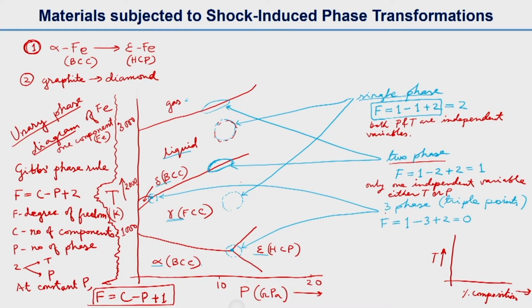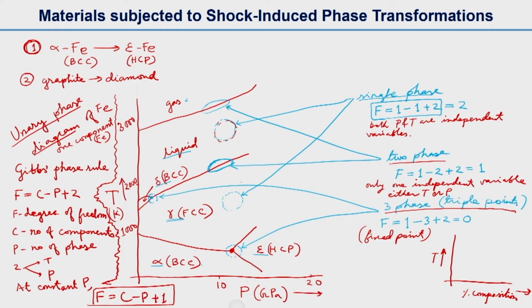And for these 3 phase triple points, these are fixed points, we cannot change them by varying pressure or temperature. So suppose for example this point is fixed at a particular pressure, let us say pressure is close to 13 gigapascal, and temperature is also fixed. So these are fixed points.